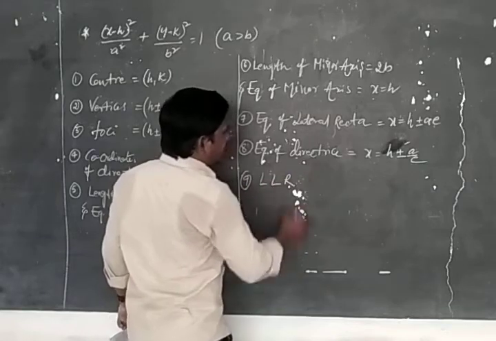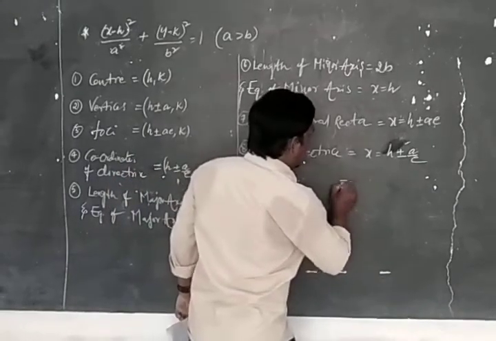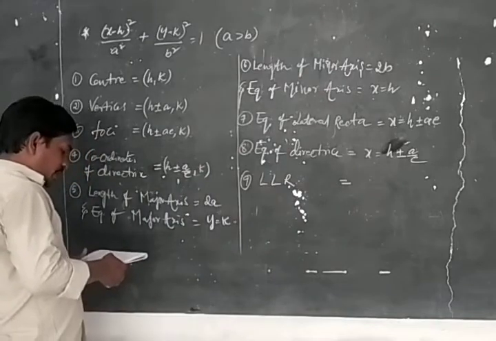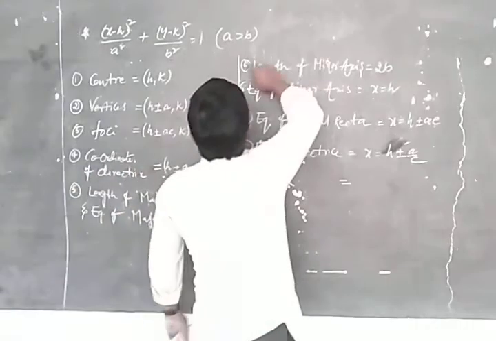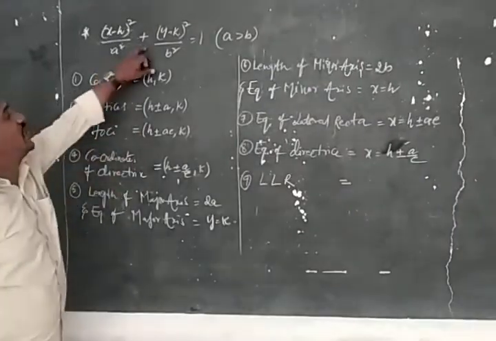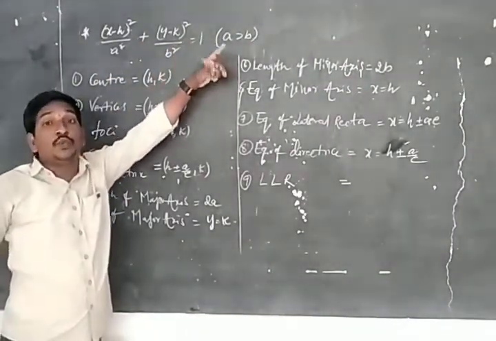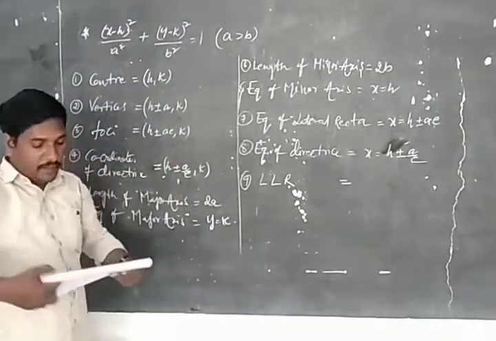Length of lateral recta. That means same as for x square by a square plus y square by b square equal to 1, a greater than b. So LLR equal to 2b square by a.